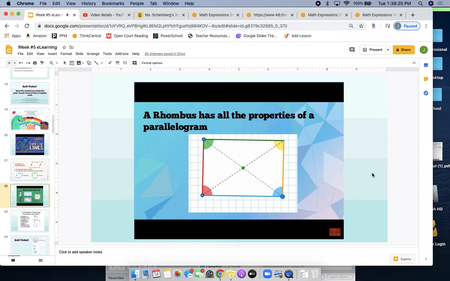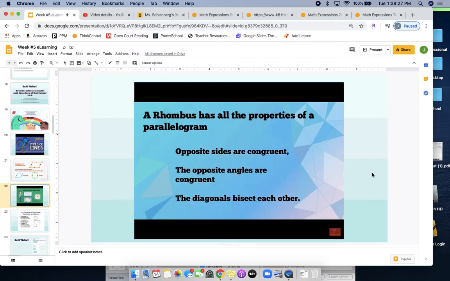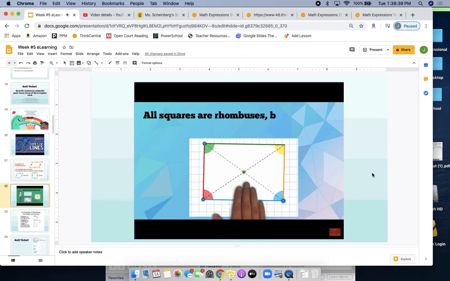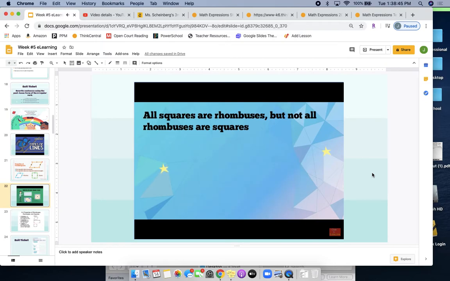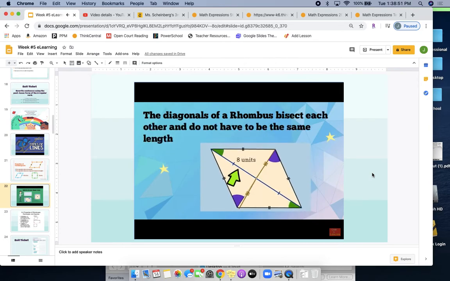These include opposite sides are congruent, the opposite angles are congruent, and the diagonals bisect each other. All squares can be considered a rhombus, but not all rhombuses are squares. The diagonals of a rhombus bisect each other, but they do not have to be the same length.